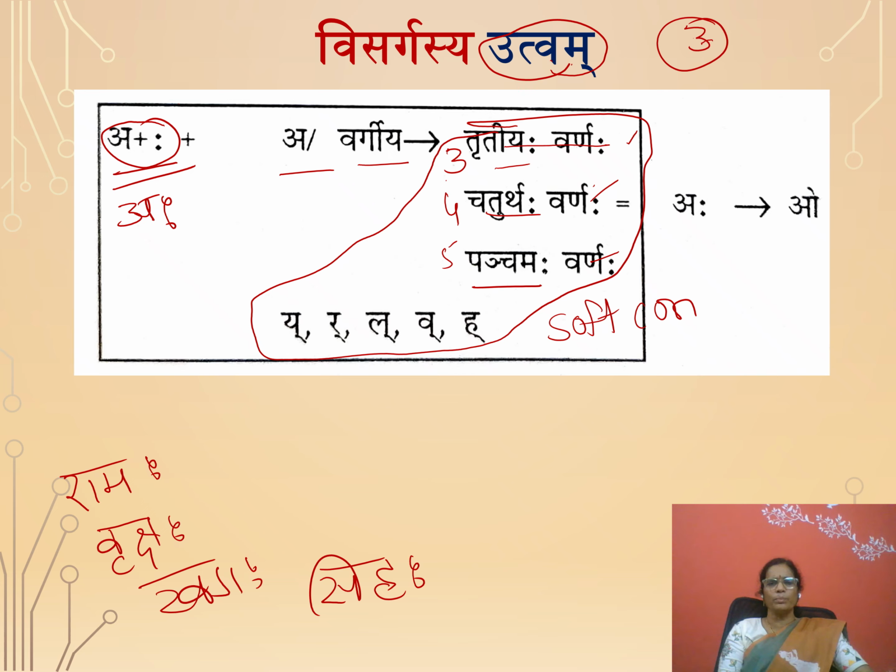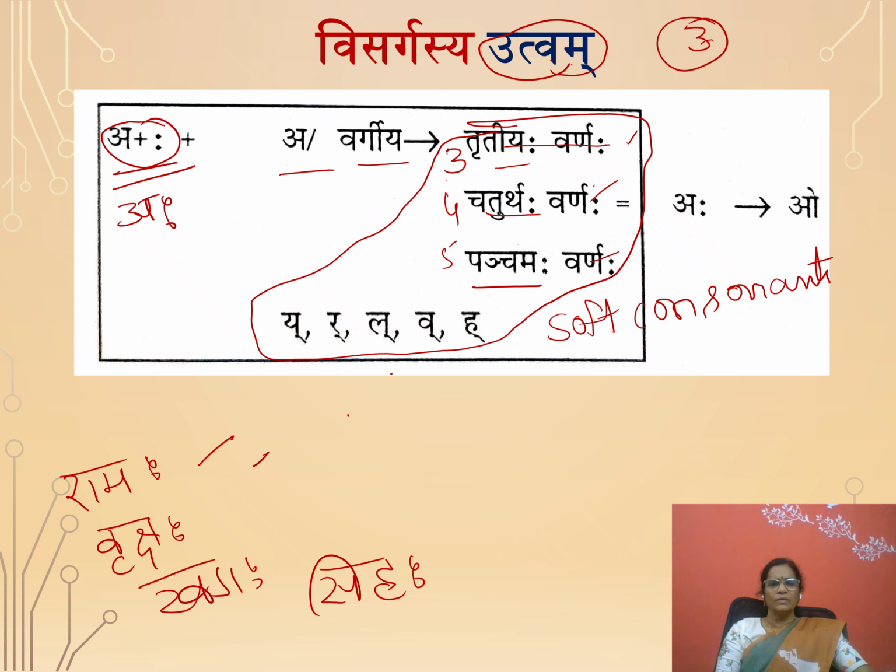You can remember it like that, or else remember each varga's third, fourth, fifth letters and ya, ra, la, va, ha. Understood? Soft consonants. What is the rule for Visargasya Utvam? The first word should end with aha, like akaranta pullinga ekavachan shabdas. And if the second word starts with a or any soft consonant, then in the place of visarga, vu will come.